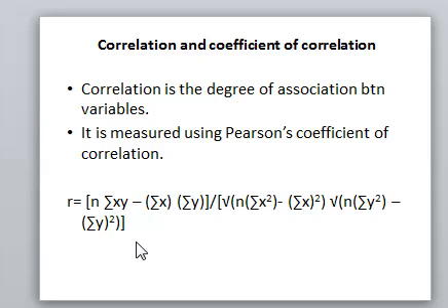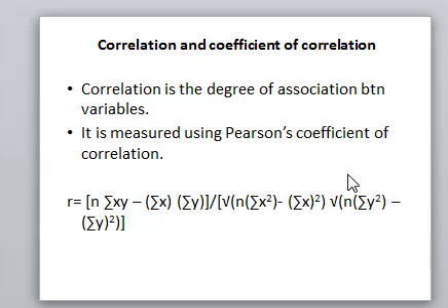So to get the correlation coefficient, still you are using the data that you've looked at. n summation of xy minus summation of x, summation of y, divided by the square root of n summation of x squared minus summation of x squared, times the square root of n summation of y squared minus summation of y squared.